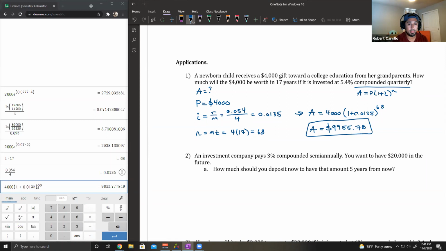There we go. So in 17 years, that investment makes $5,955. That's okay. Not great, but it's okay. Again, that's why you always put more in. All right. Everybody go with that.